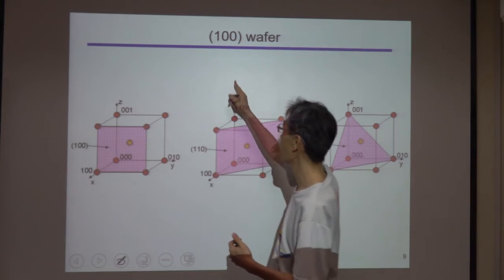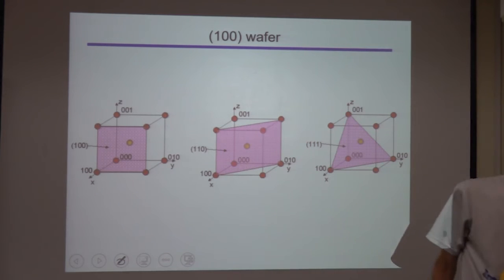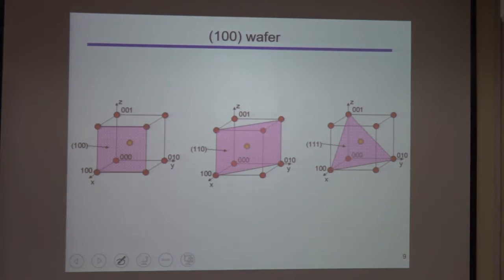What is the 100 wafer? This one is the first surface, which is 1, and this one is 0, and this one is also 0. How many kinds of wafer do we have? Three.